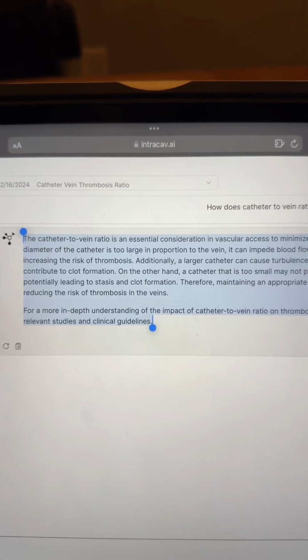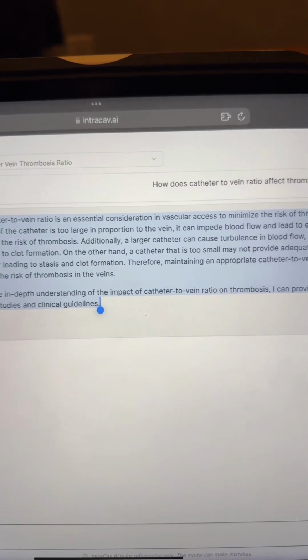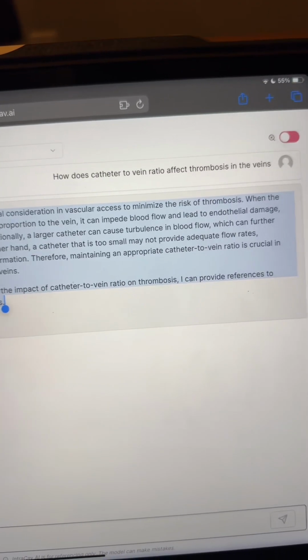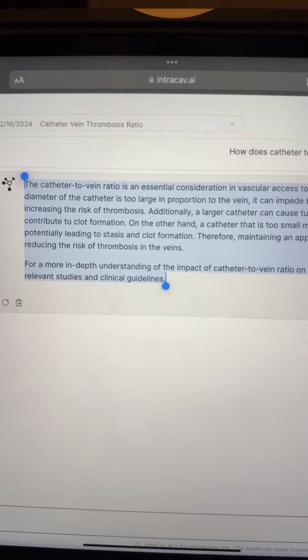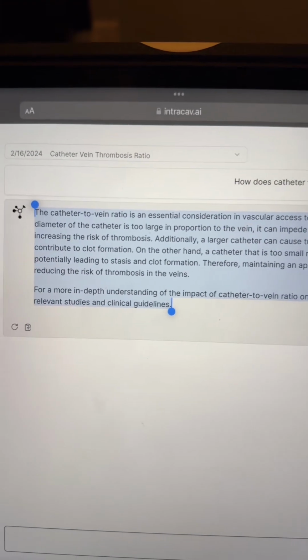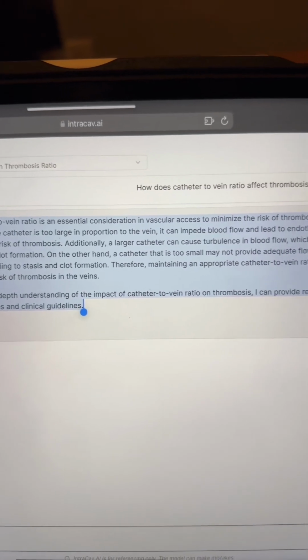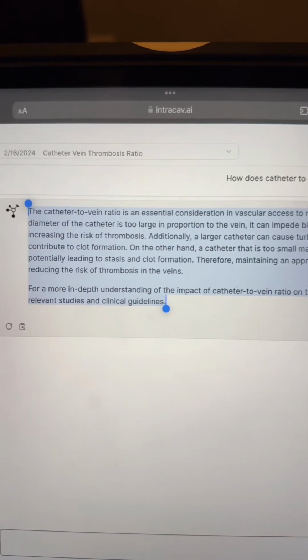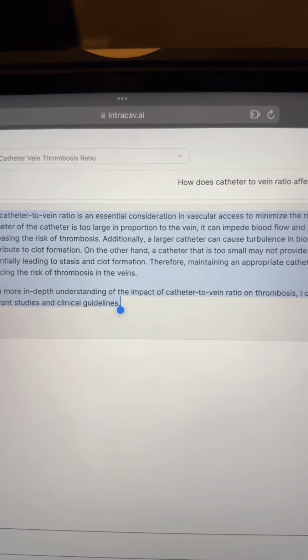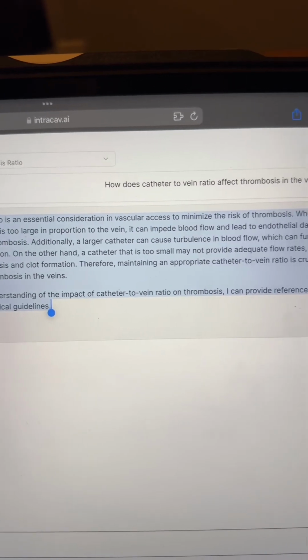Catheter to vein ratio is an essential consideration in vascular access to minimize the risk of thrombosis. When the diameter of the catheter is too large in proportion to the vein, it can impede blood flow and lead to endothelial damage, increasing the risk of thrombosis. Additionally, a larger catheter can cause turbulence in blood flow, which can further contribute to clot formation.